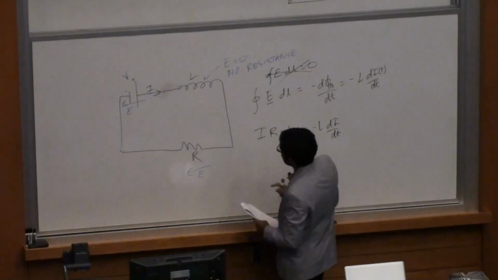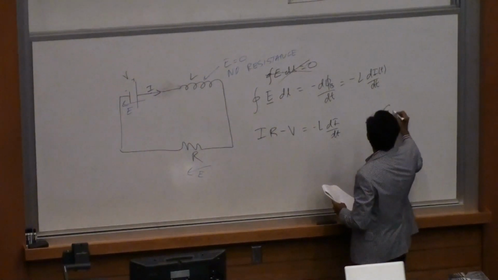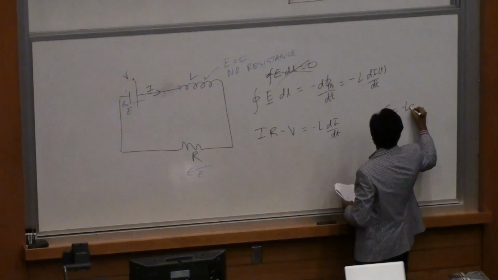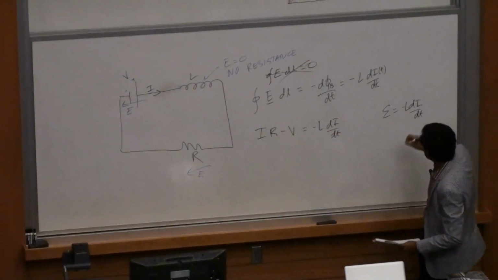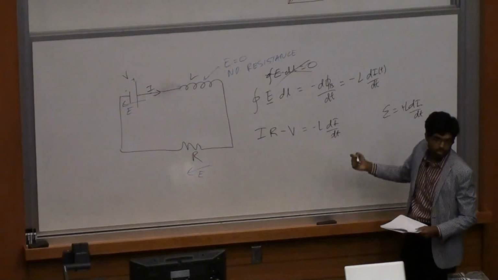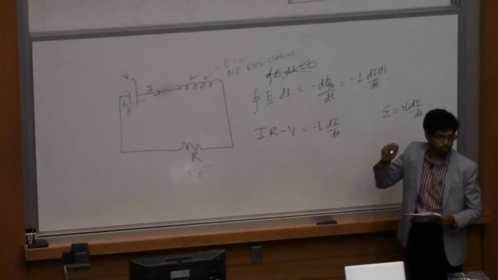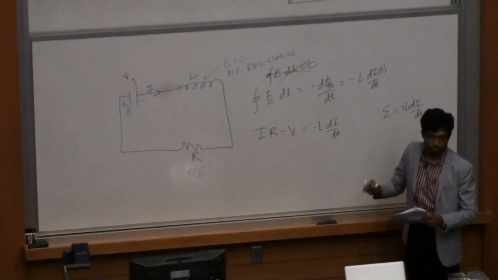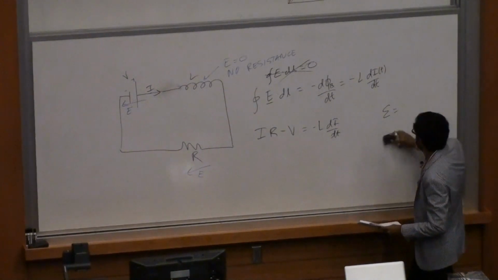So when I march in the direction of my current, I always get my EMF equals negative L di/dt. If I march in the opposing direction, this would be a positive, but then you just have to adjust for that here, right? So you can either take that sign into consideration or just go in the direction of current and not have to worry about the sign. But that's just a suggestion. You can go around however you want.